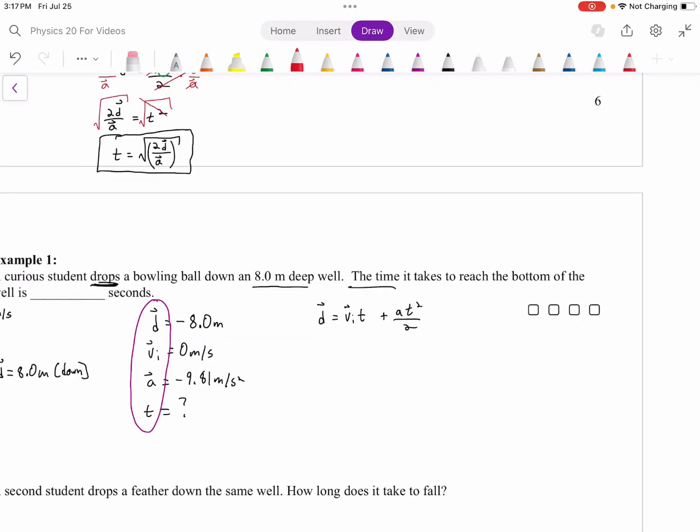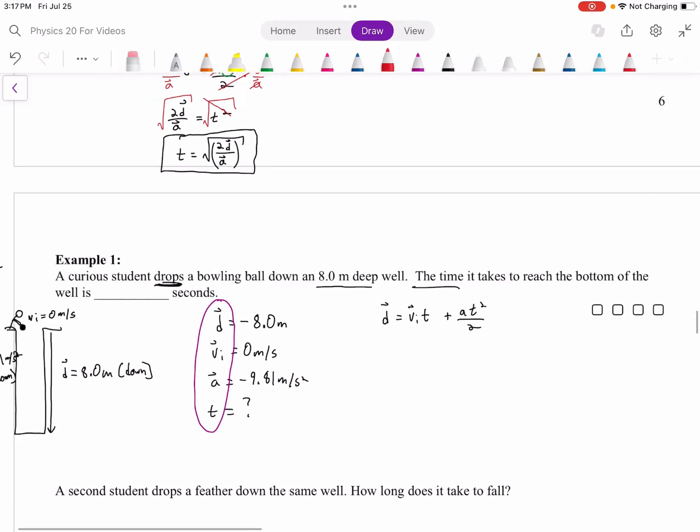Now we do need to isolate for time here. But that's actually not going to be possible until we learn the quadratic formula because we have a time and a time squared. So we'll never just get time by itself on one side. However, in the case where the initial velocity is 0, this formula can work because if the initial velocity is 0, then this whole term is 0.